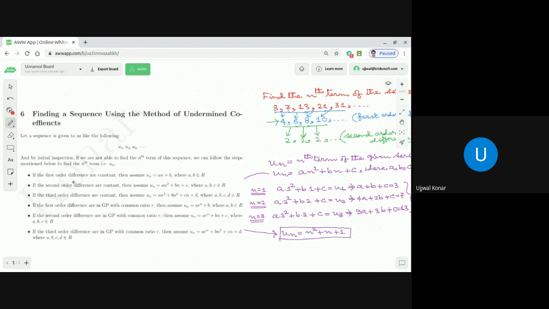If the first order differences are constant, then assume the nth term Un as an plus b, where a, b belong to R. Got it, dear students? So what is the first order difference?